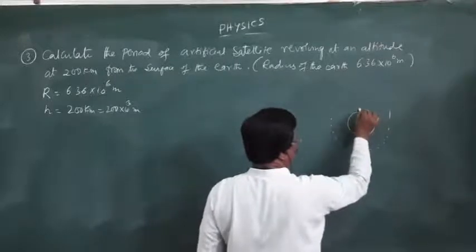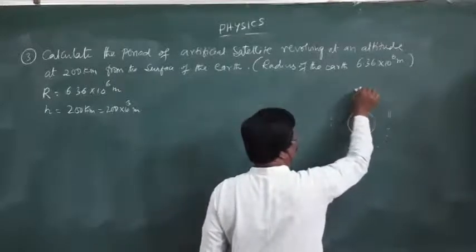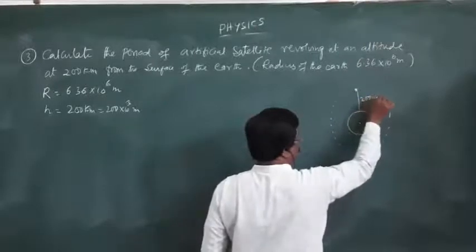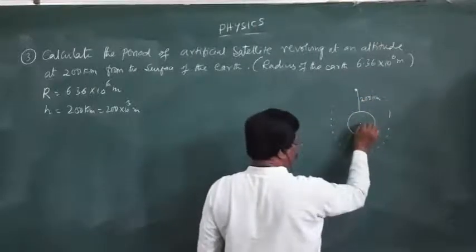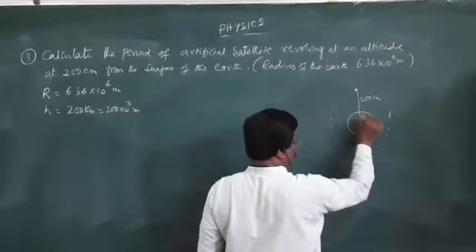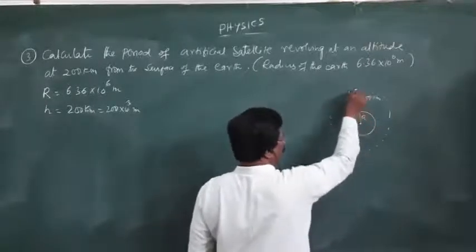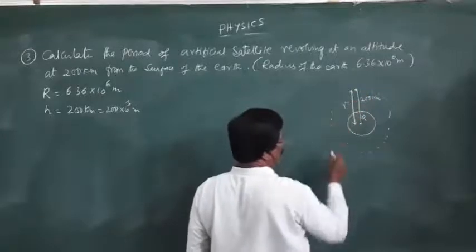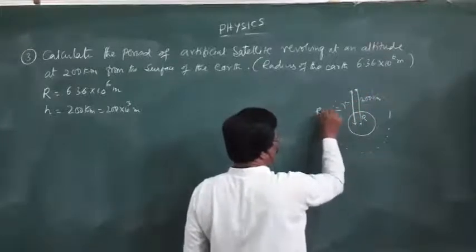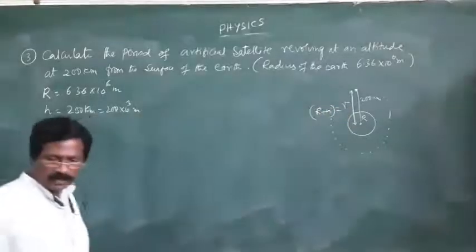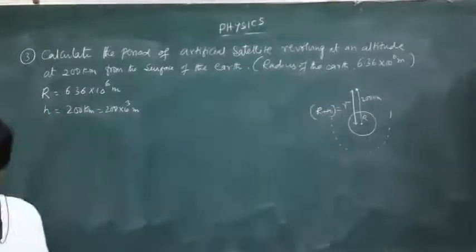From the surface of the earth, the satellite is revolving around 200 kilometers away, and this is the radius of the earth, R. So what is the total distance from the center of the earth? We have to take small r. Small r is equal to R plus h, right?